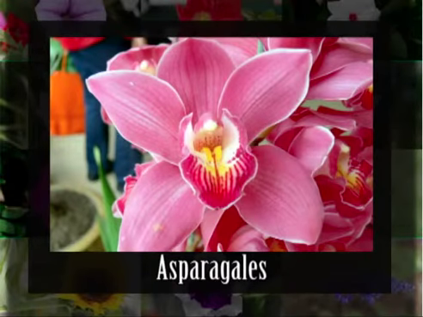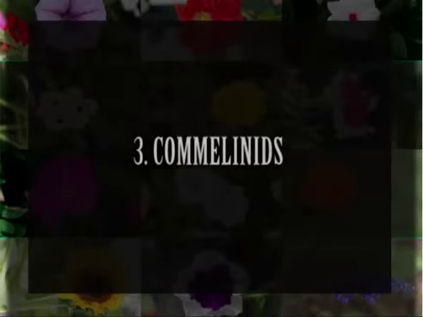This is again followed by one more order of monocots by the name of Asparagales. Within this Asparagales, we have the famous family of Orchidaceae. Then we have a few more families like Asparagaceae. After discussing these monocots, we have one more informal clade by the name of COMMELINIDS. Within this COMMELINIDS, it starts with an unplaced family by the name of Dasypogonaceae.